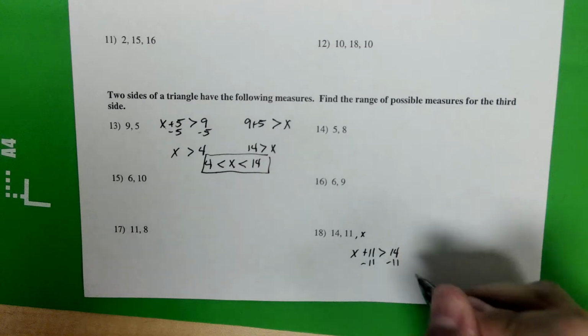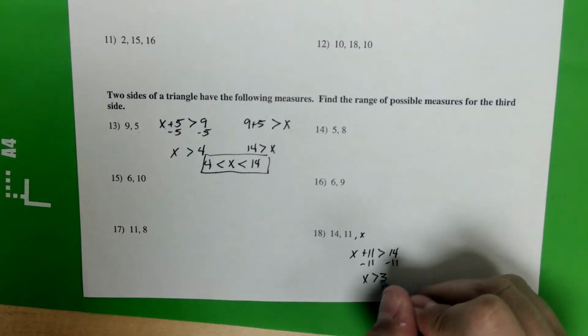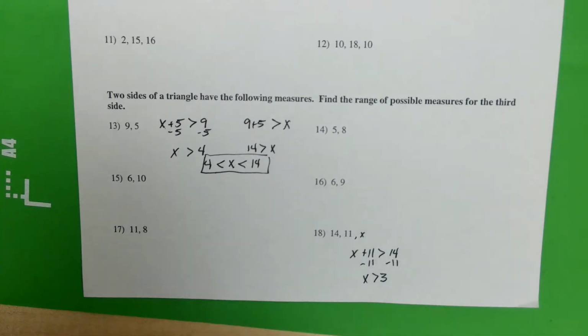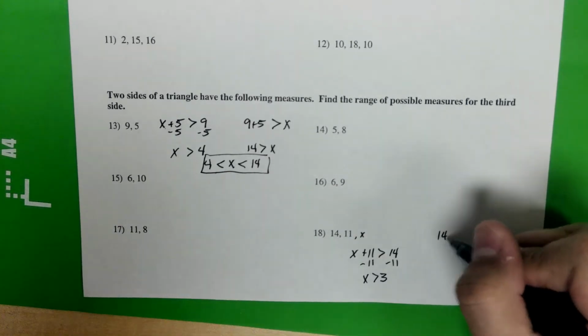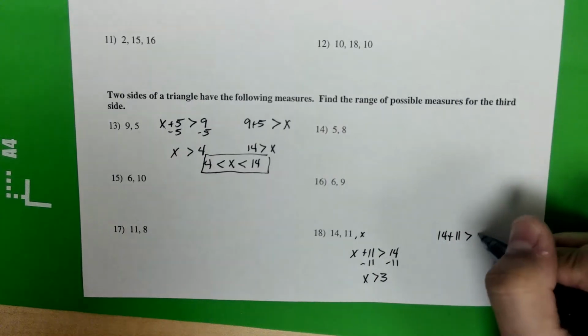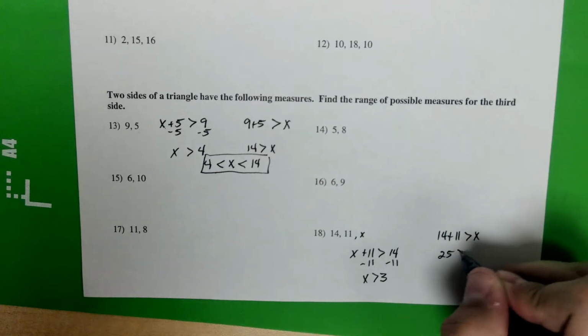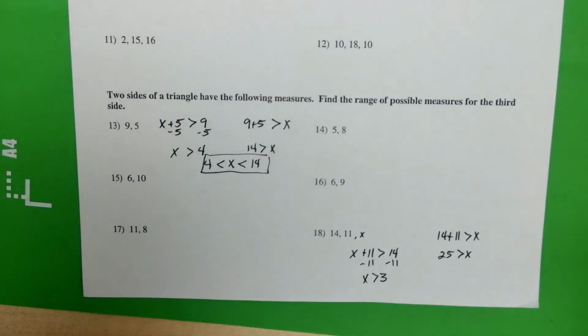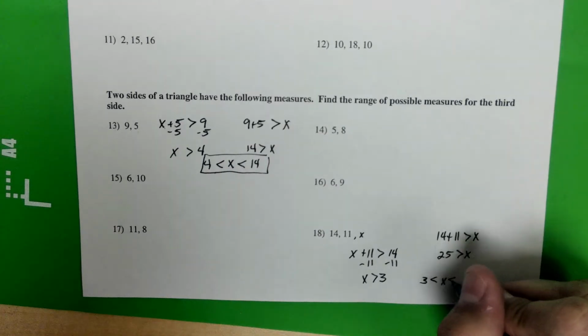Subtract 11 from both sides. So x is going to be greater than 3, right? And then also, we're going to say these two added together must be greater than our x value. And that's 25 when we add those together. So our x is going to be between 3 and 25.